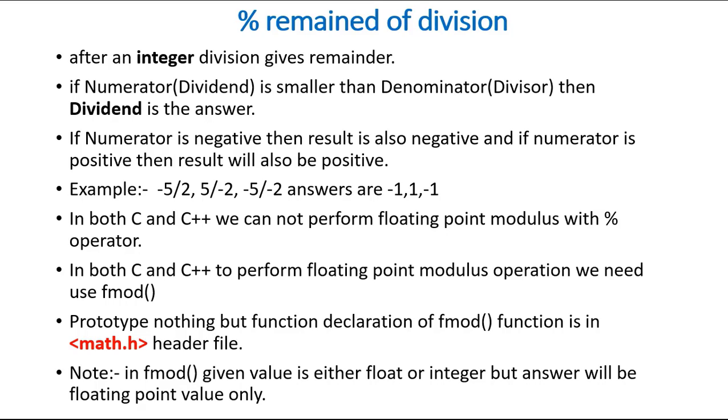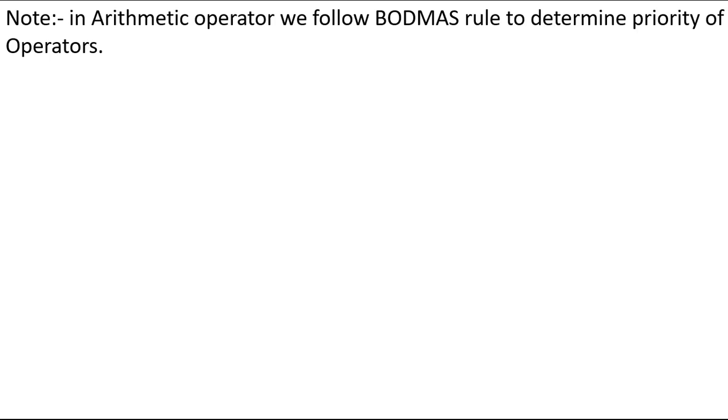So if we are using the fmod function whose prototype is in the math.h header file, then even if instead of giving a floating point value we pass an integer value, the answer will be a floating point value only. Let's understand with an example.